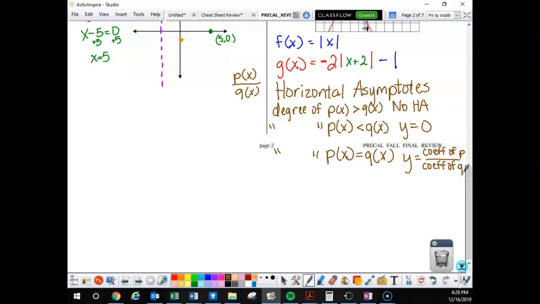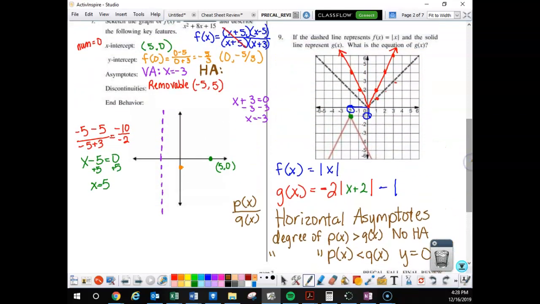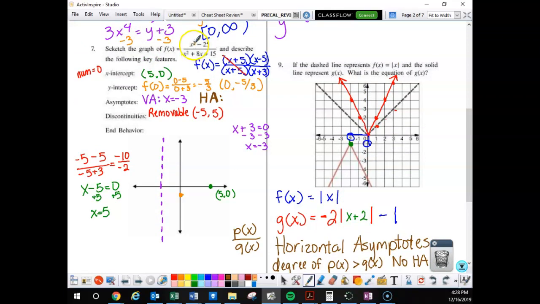And so here, my degree is x squared and x squared, so they're both the same, and they both have a coefficient of 1, so my horizontal asymptote is 1 over 1, which is equal to 1. So I have a horizontal asymptote at y equals 1, which is like that. Okay?